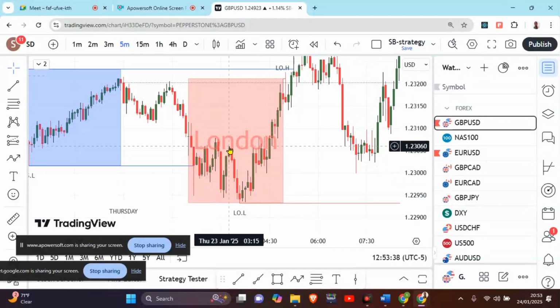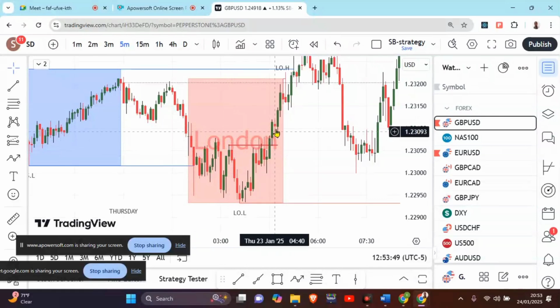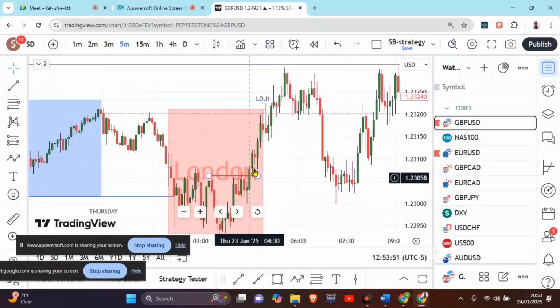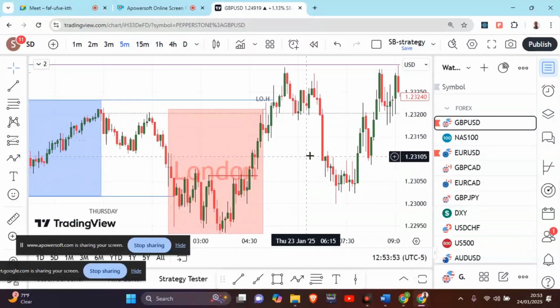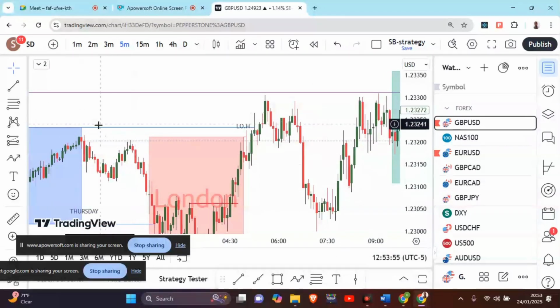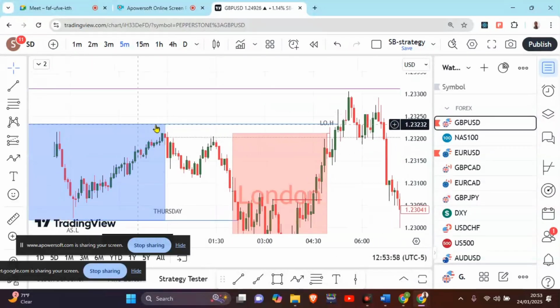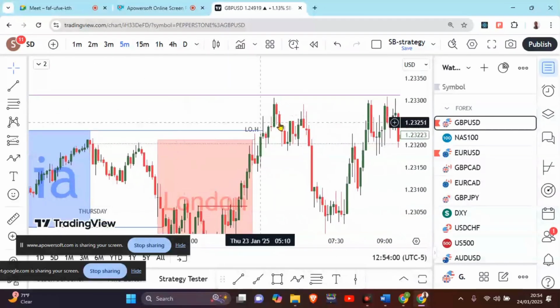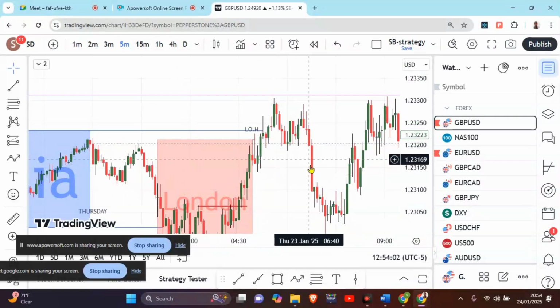This swing high is what you would have used as your market structure shift. So once price closes above this swing high with the displacement candle, that shows you that price is willing to go up. And then here, what do we do? Price comes, takes this Asia high.